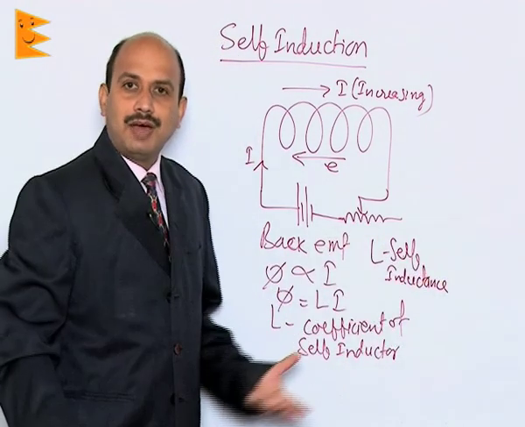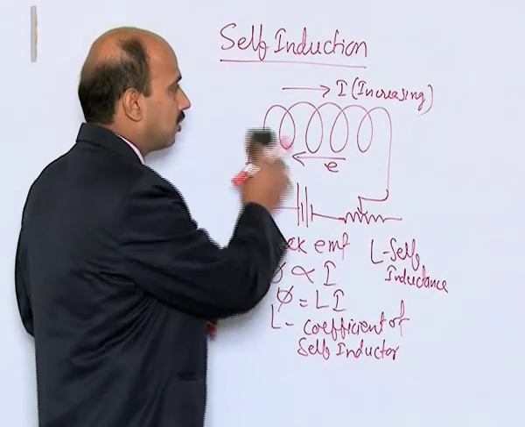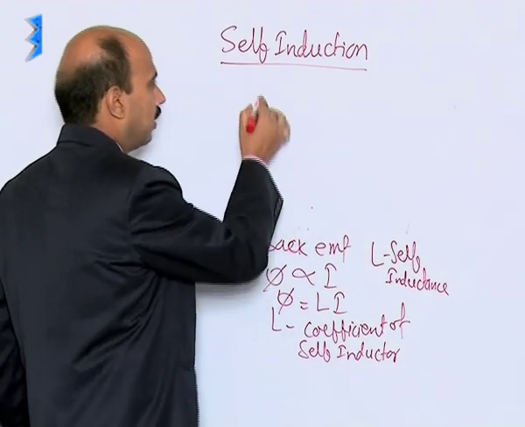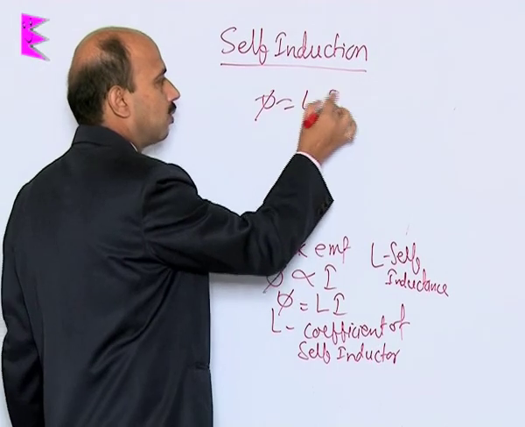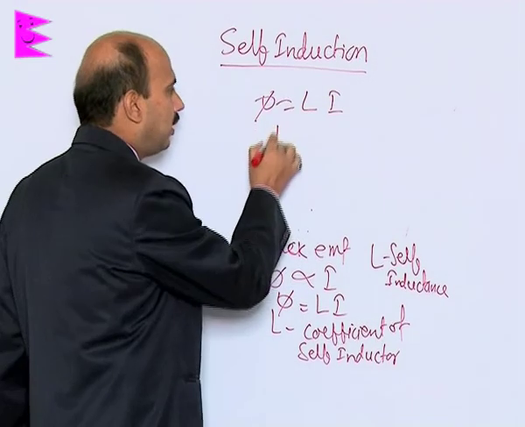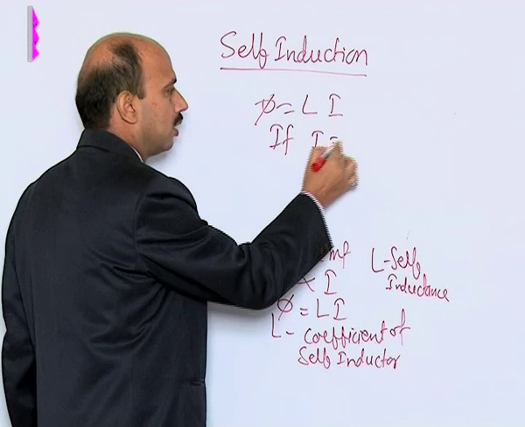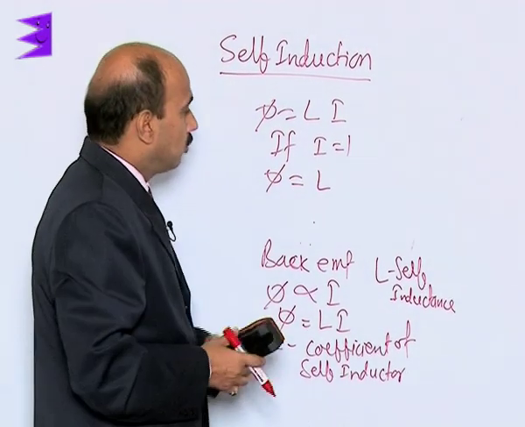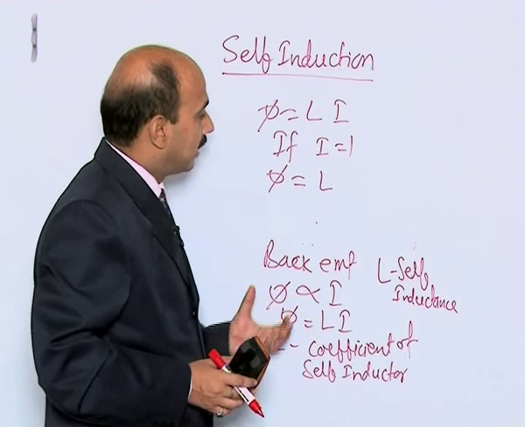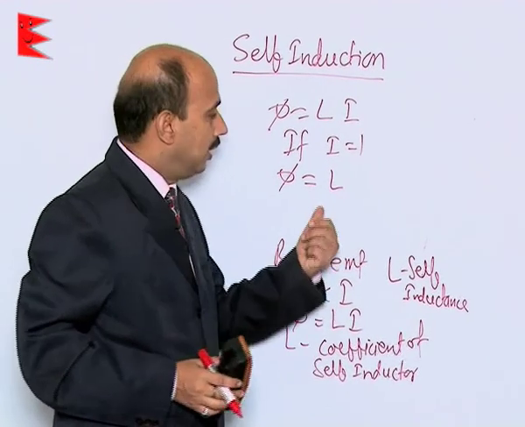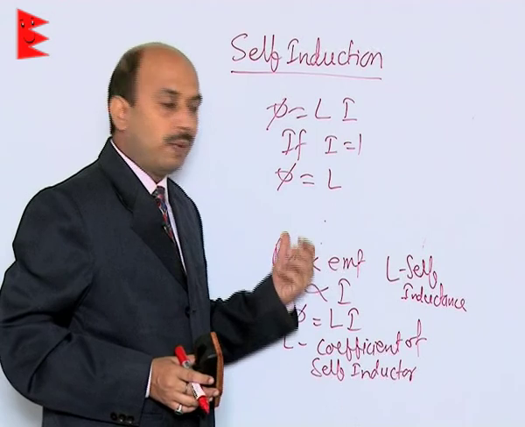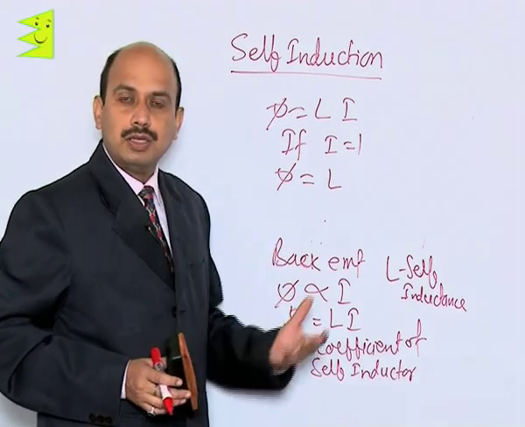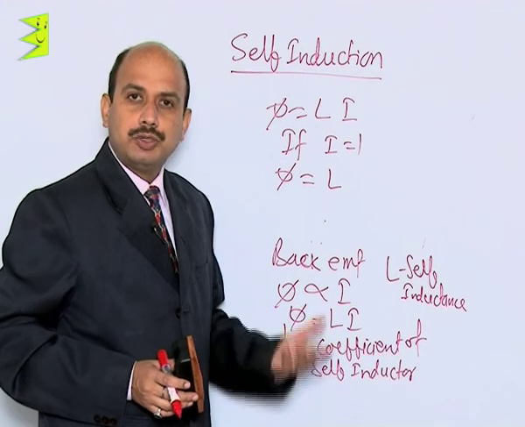So now we can define this self inductance. What is self inductance? If you take phi is equal to Li, and if you take I is equal to 1, then flux is equal to L. So the coefficient of self inductance of the coil is numerically equal to the magnetic flux when the current in the coil is unity, or the current is changed by unity.